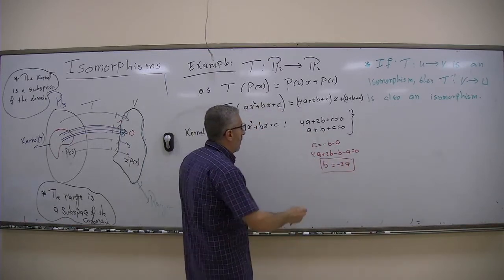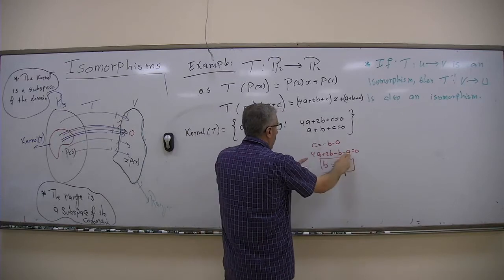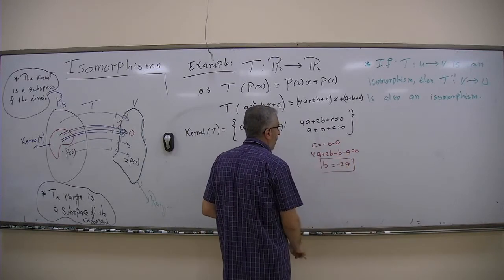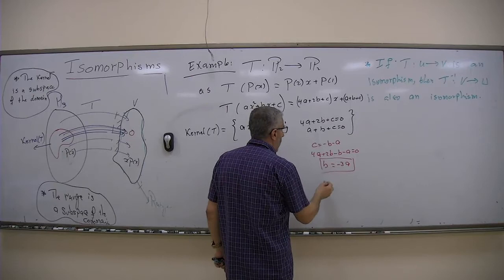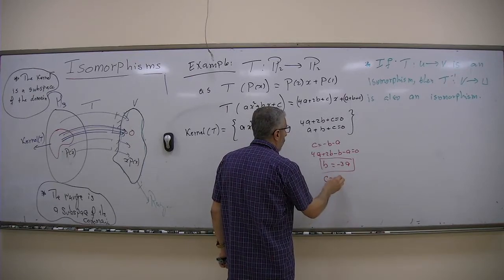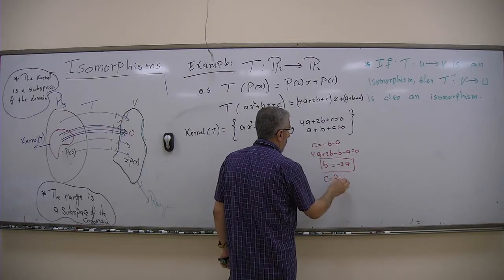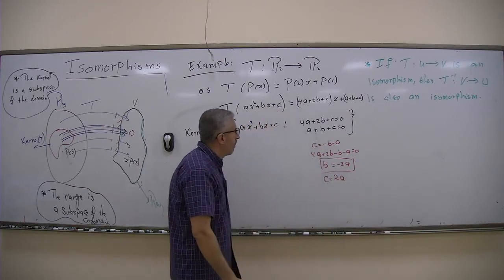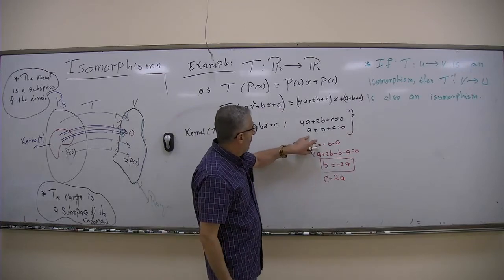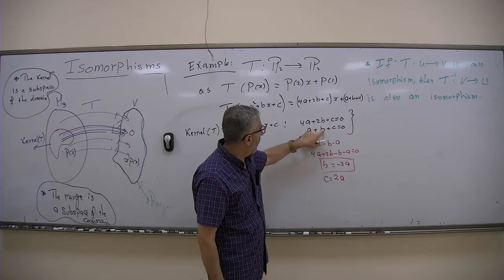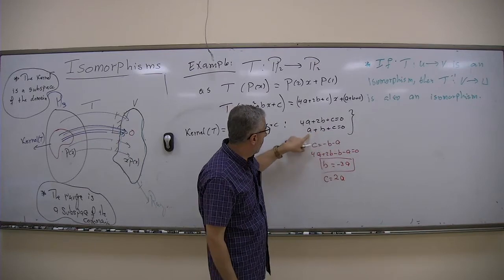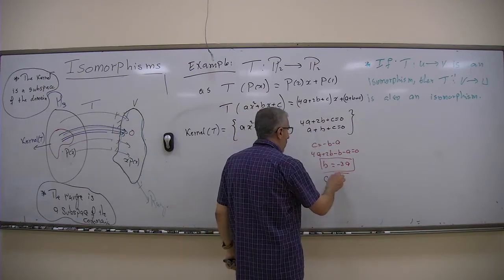Am I correct? Here b, and 3a, move to the other side. So b is negative 3a, and c is negative b minus a, so that is 2a. Let's double check here. Negative 3a, okay. Yeah, that seems to be right.